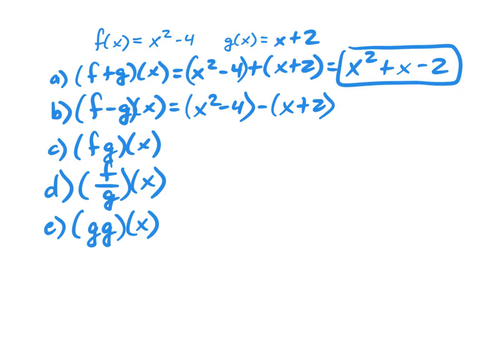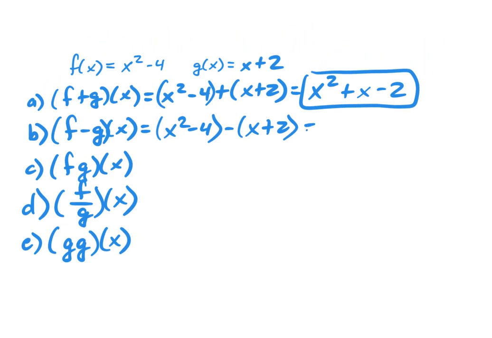I'm taking f minus this whole thing. But now that I see parentheses here, when I have a minus sign in front of this parenthesis, what am I going to have to do with this minus sign? You have to distribute it, right? It's got to go to both parts. If I don't put parentheses here, you're going to forget to distribute it and you're going to get a different answer, okay? So the way that I write it out is kind of a big deal.